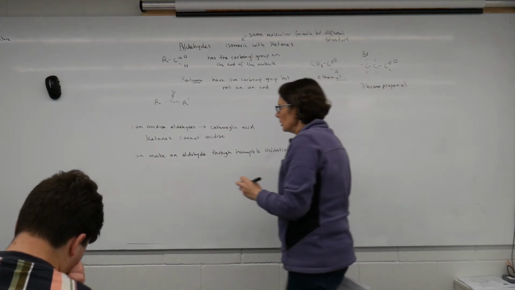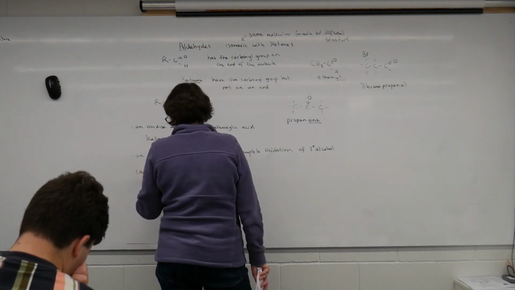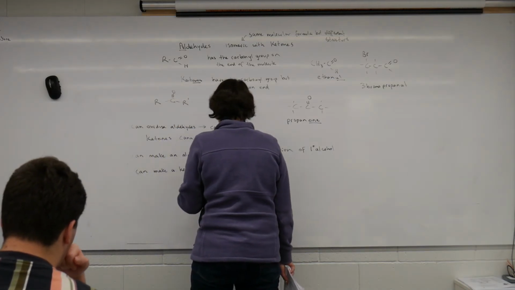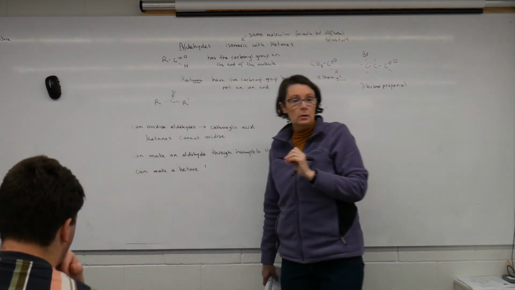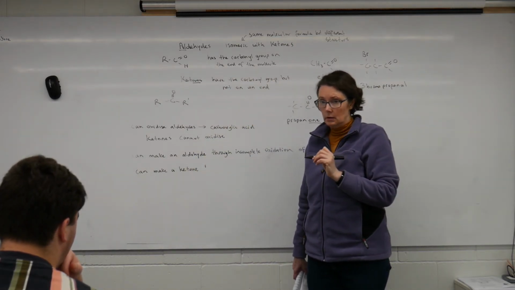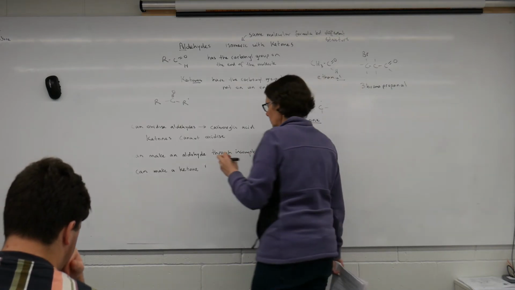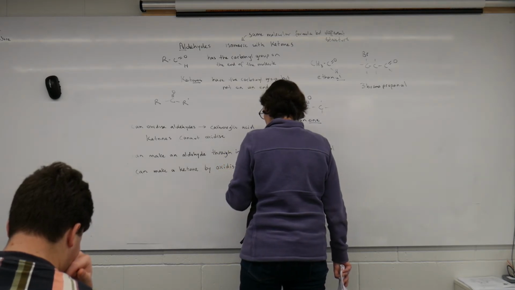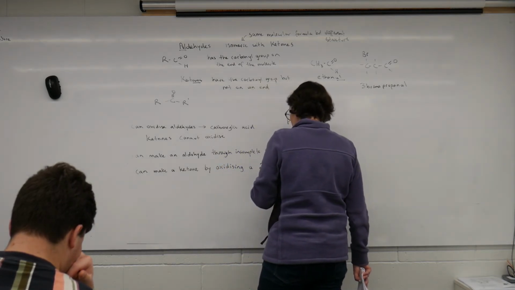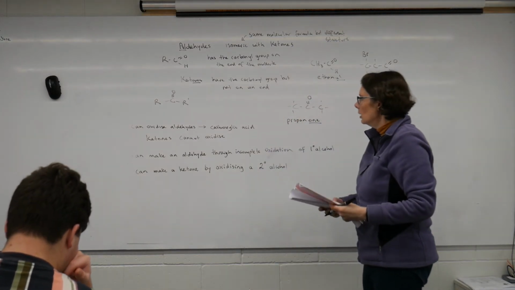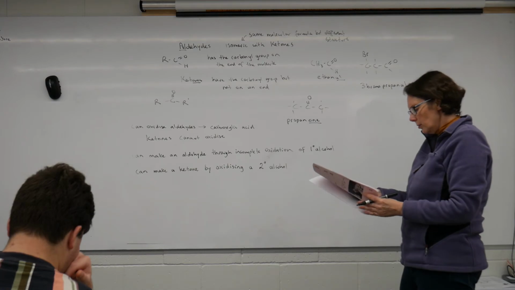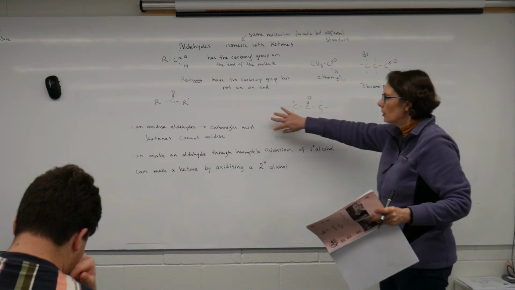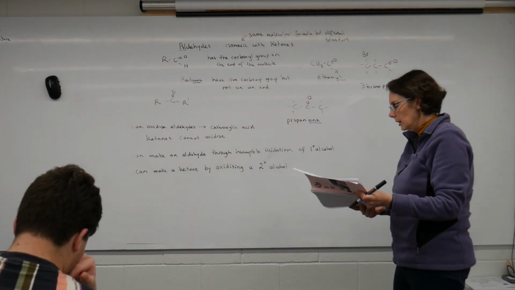How can I make a ketone? Yeah, you oxidize the secondary alcohol. Okay, so we know how to make them, and we know what reactions they can undergo, oxidation reactions.